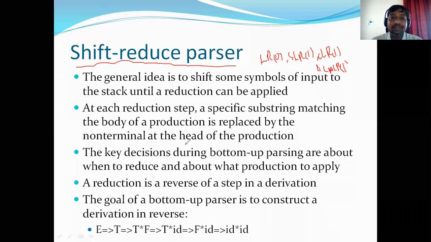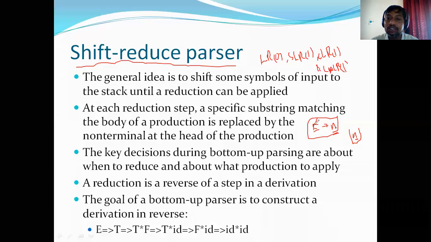So let us see the procedure first. At each reduction step, a specific substring matching the body of a production is replaced by the non-terminal at the head of the production. That means whenever a substring matches, say there is an n on top of the stack, and this n matches the right hand side of one of the given production rules, then we'll reduce that n to the left hand side non-terminal.